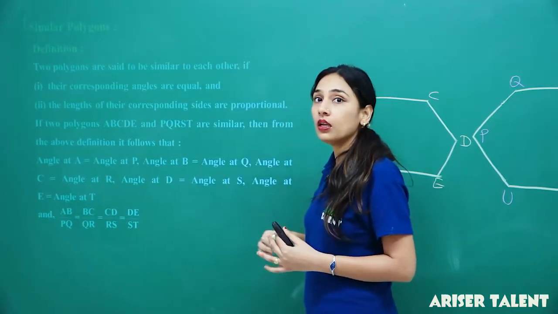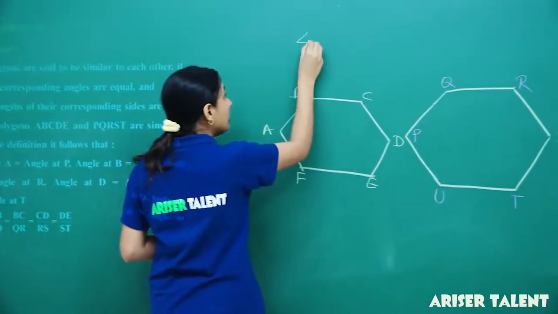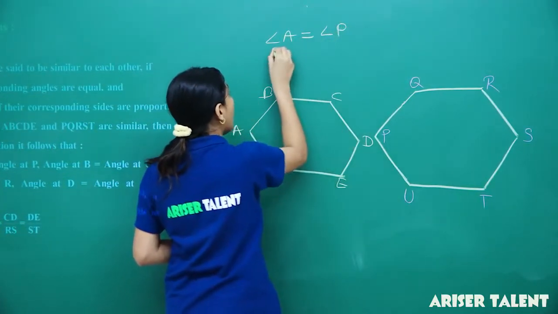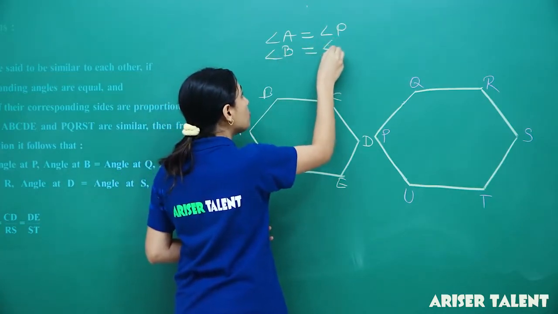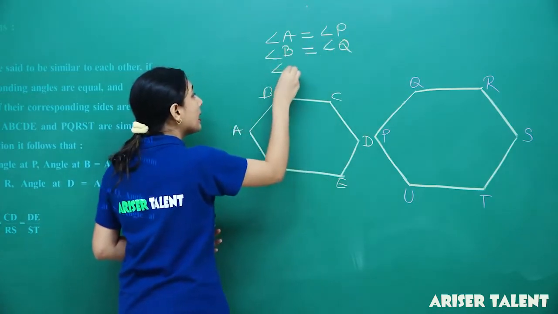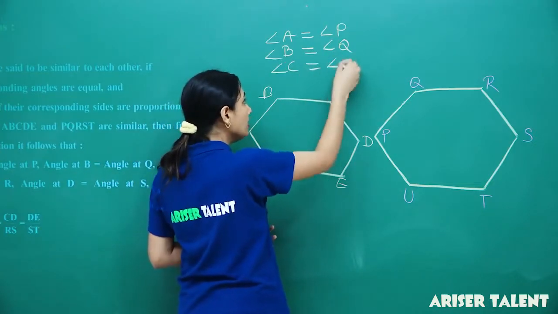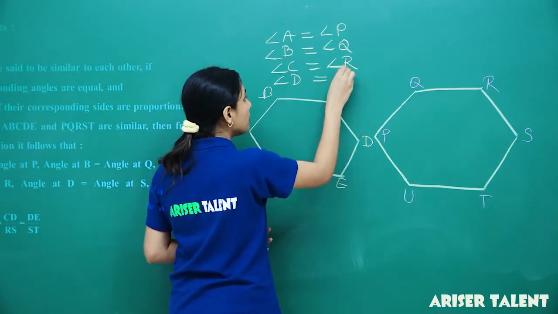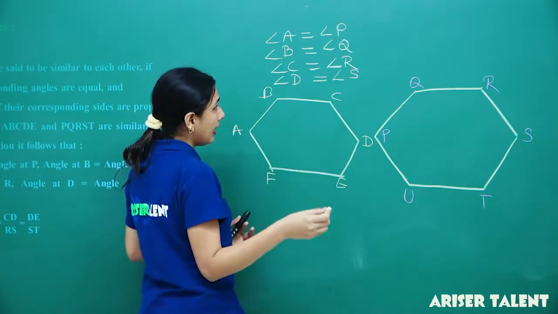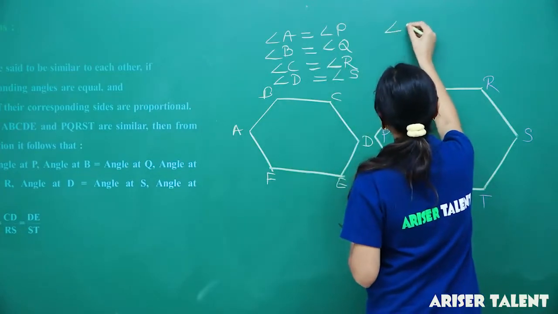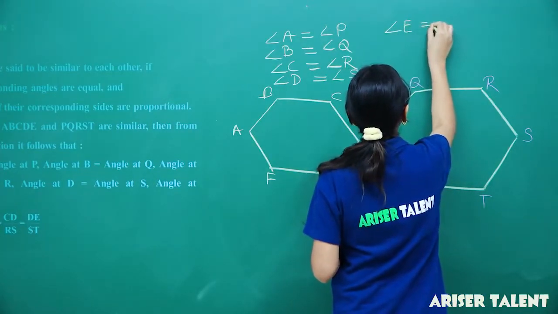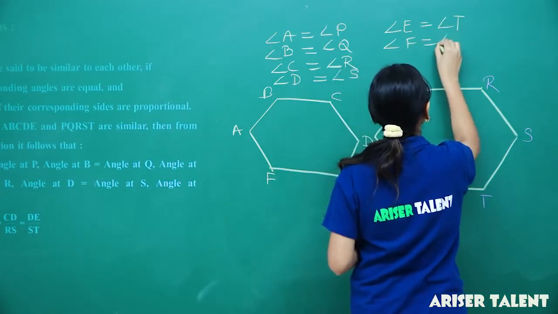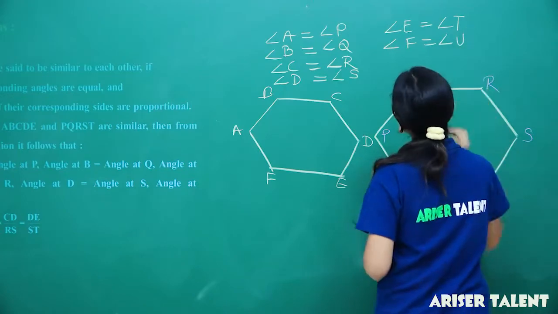That means angle A will be equal to angle P, angle B will be equal to angle Q, angle C will be equal to angle R, angle D will be equal to angle S, then angle E will be equal to angle T, and angle F will be equal to angle U.